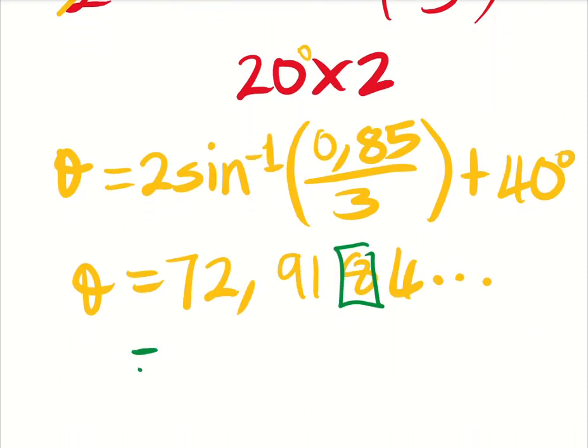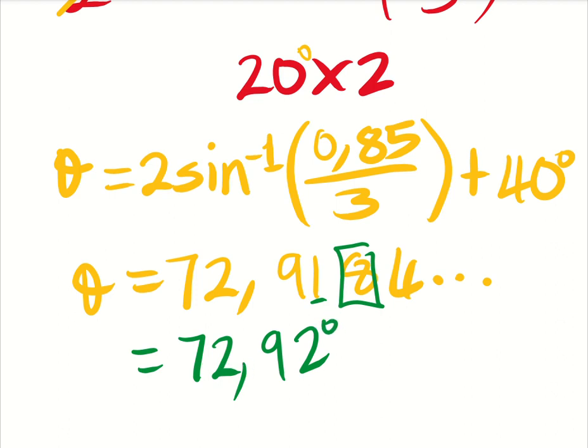So you're going to say equal to 72,92. The 1 will become a 2, because next to it there is an 8, which is greater than 5. So if it's any number from 5 upwards, then the 1 will increase to the next number. It becomes 2. So when we round it off, then it's going to be 72,92 degrees.